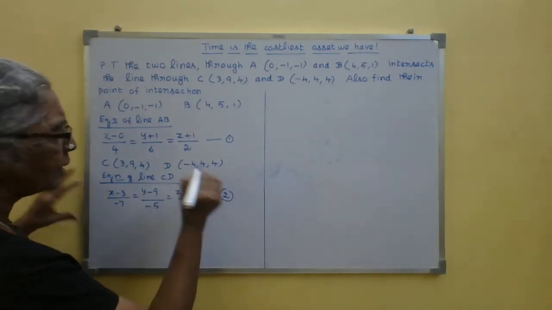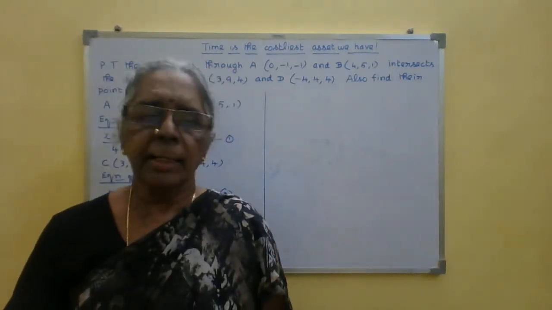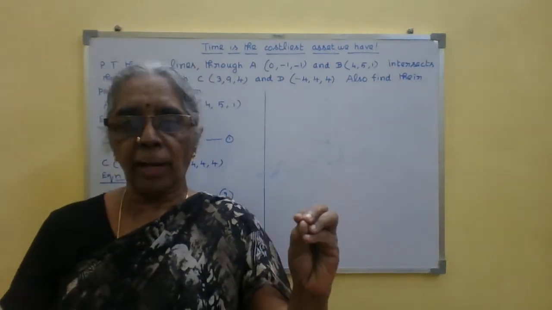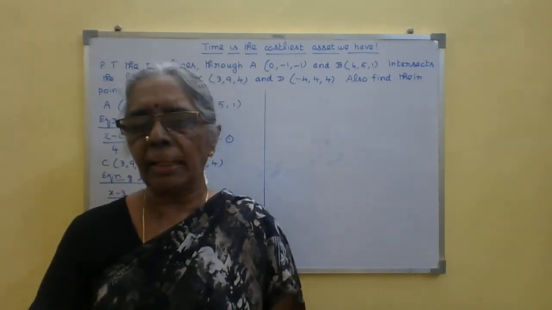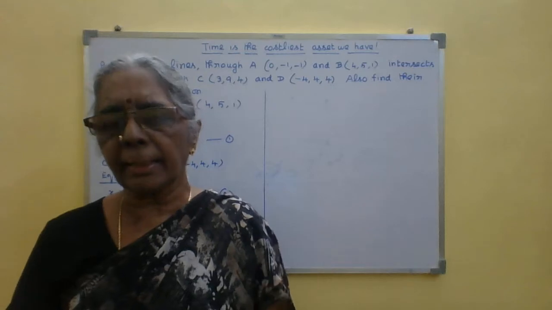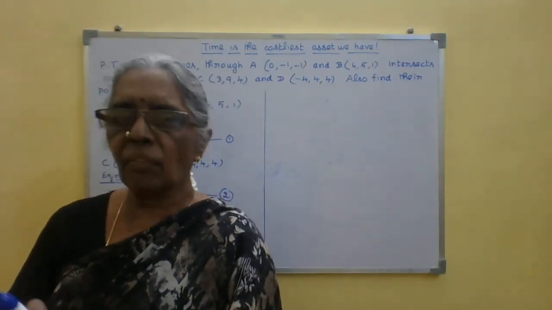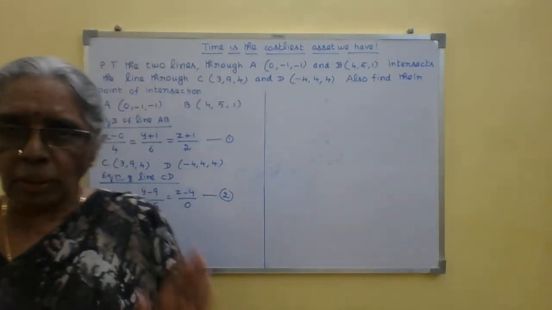Let me call this equation 2. So now I have the equations of the two lines. Now I will find any general point on line 1 and try to see whether it lies on the second line. Then I can say there is a common point and hence find the point of intersection. This is what I am going to do.